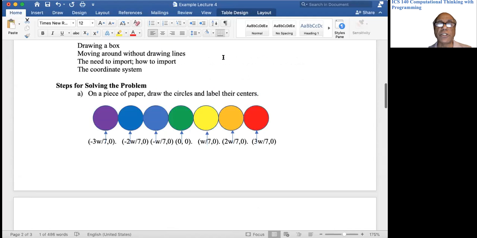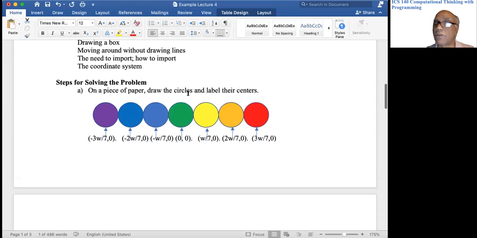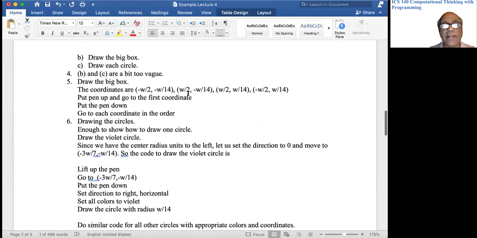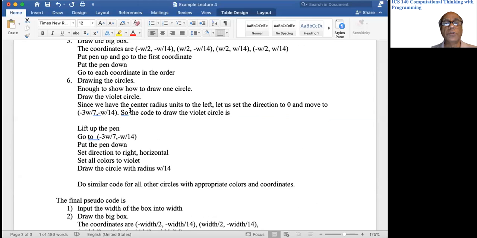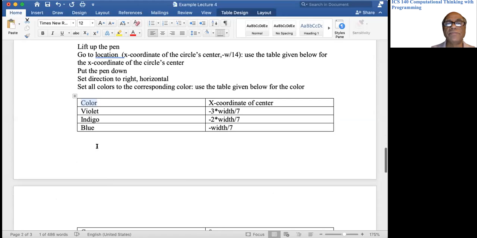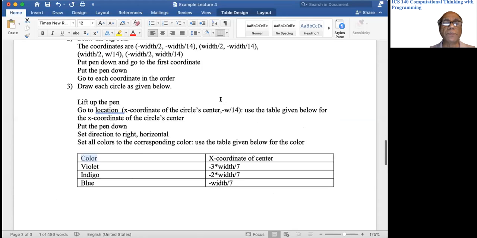This I got from this picture. That is the value in drawing a picture. And then I recognize that it is enough to show how to draw one circle. The rest can all be extended using this table.